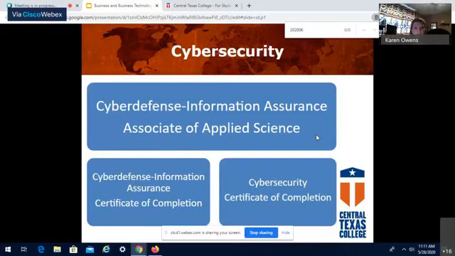Now the Cybersecurity certificate, 16 hours are allocated, and all of those are folded into the security degree plan as well. So let's take a look at the earnings for that and see where we land.